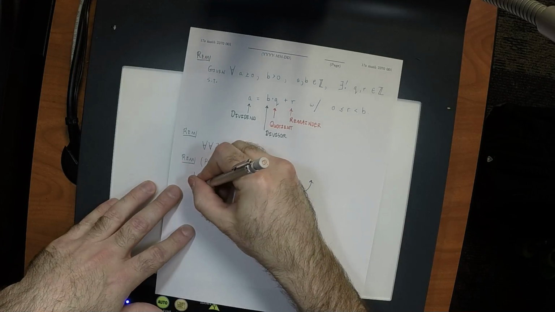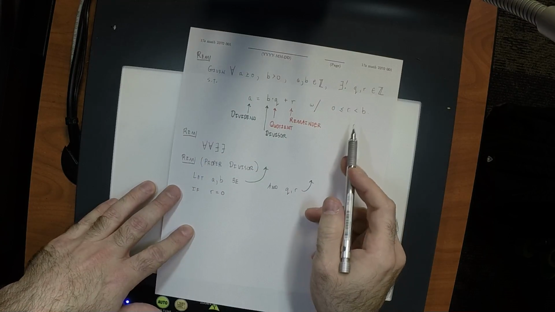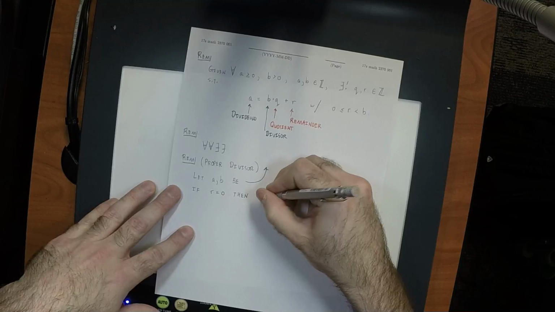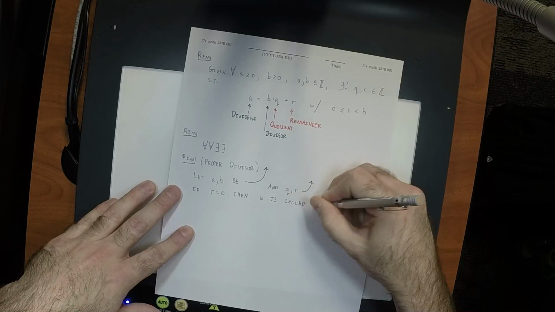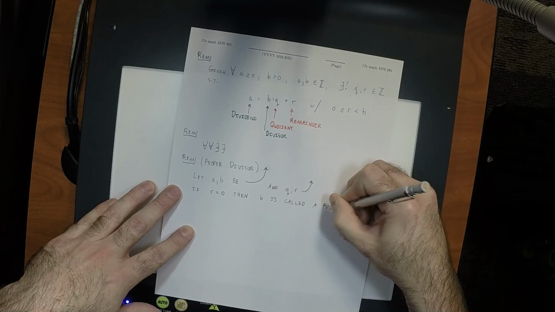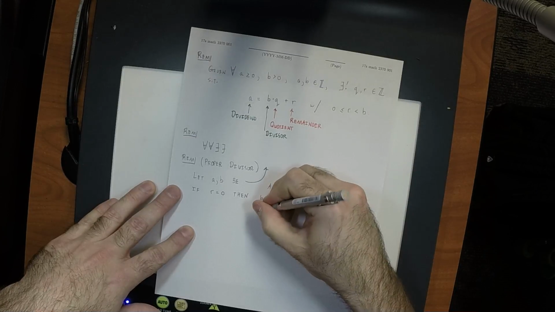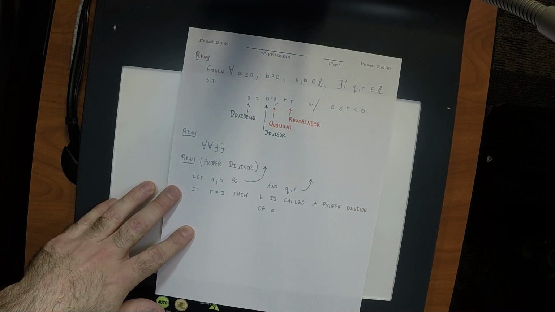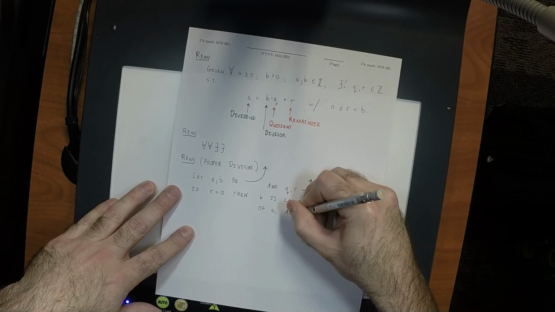So if R is 0, because 0 is one of the permissible values for R, then B is called a proper divisor of A. Now for reasons historical and also for economy of language, it is also known as a factor.